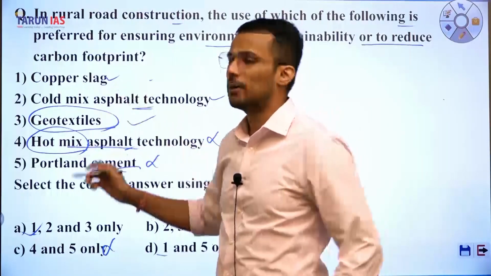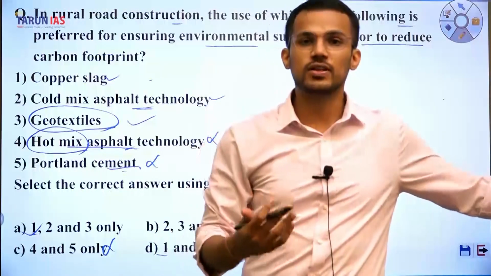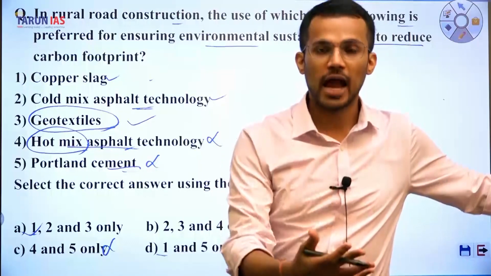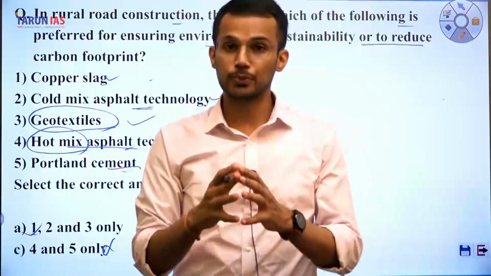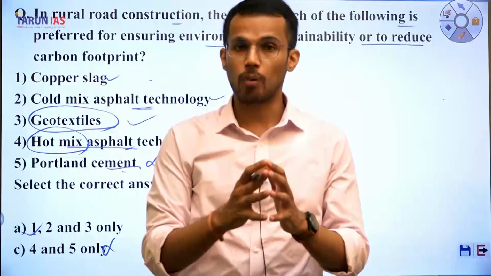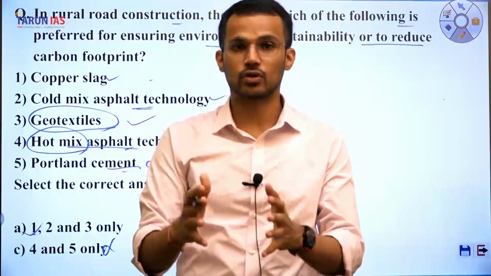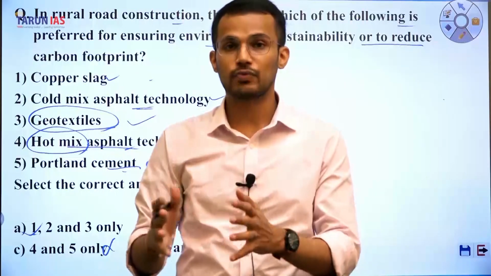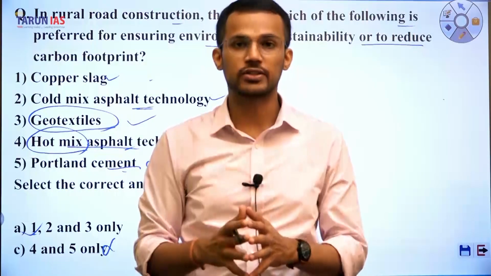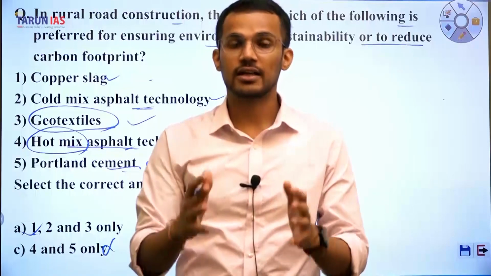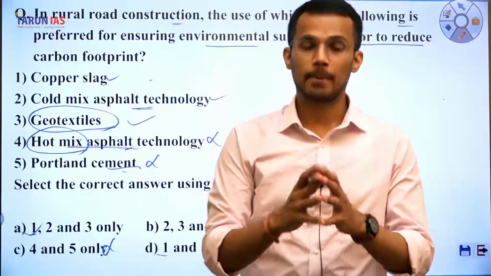First is copper slag. See, it is a result of activities of extraction of pure copper. And whenever copper slag is produced, as a byproduct of the copper extracting industry, it is considered an environmentally friendly byproduct.